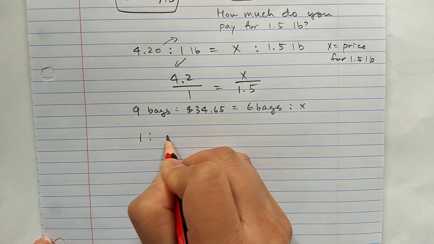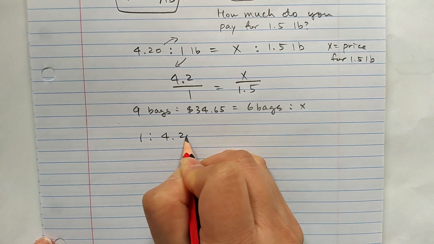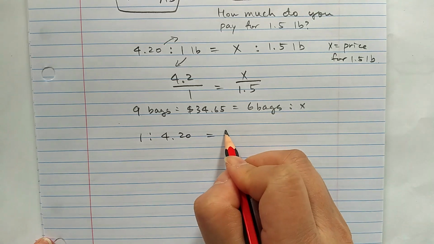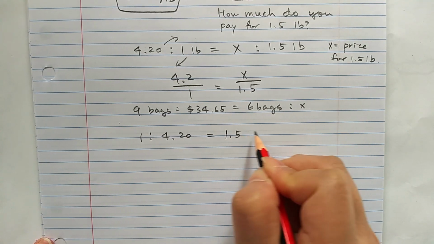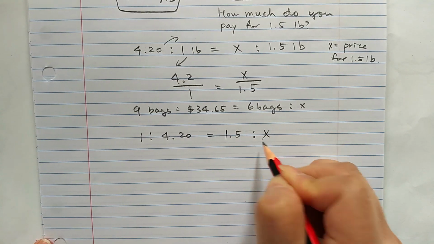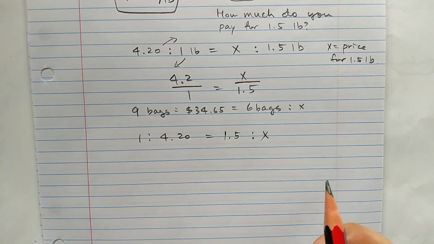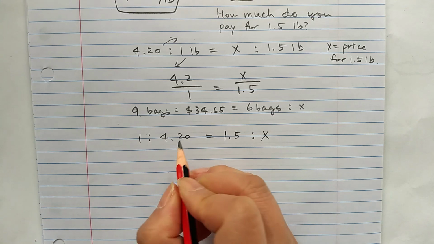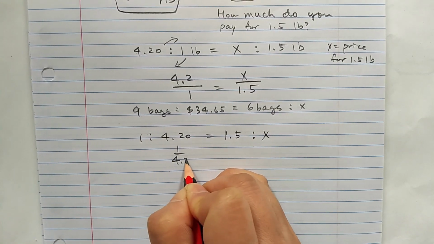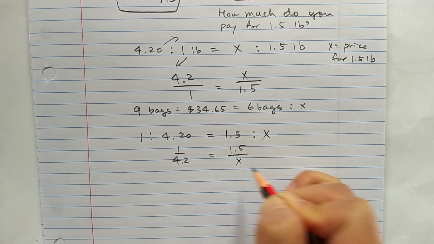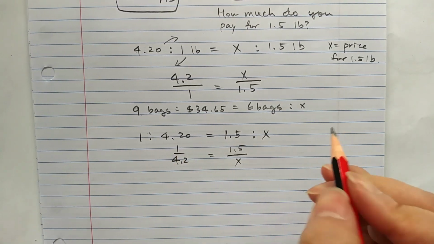1 pound for $4.20 is equal to, also the pound goes first, 1.5 pounds for some X amount. Make these fractions. 1 over 4.2 is equal to 1.5 over X. Cross multiply.